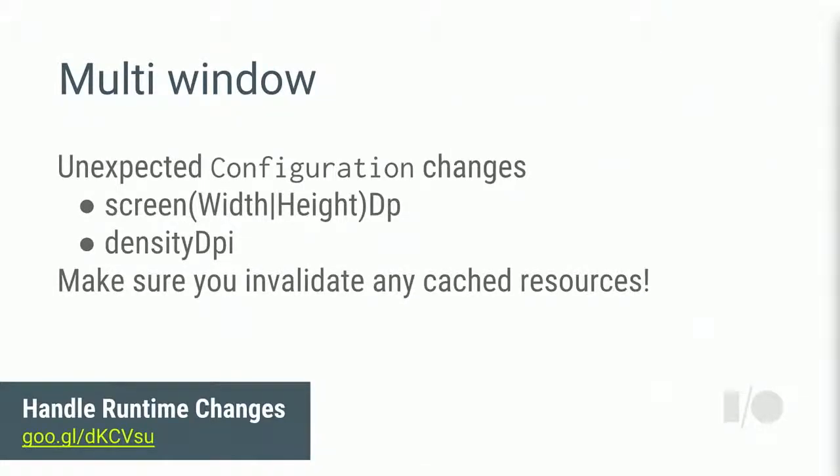Also, the density DPI setting can change when you switch orientation. Also, very important, make sure you invalidate any cached resources. Since once you change orientation, you're effectively changing device, you need to make sure that you load the correct resources after the orientation has changed. Now, these two things are still important for Android N, so might as well do them right now.